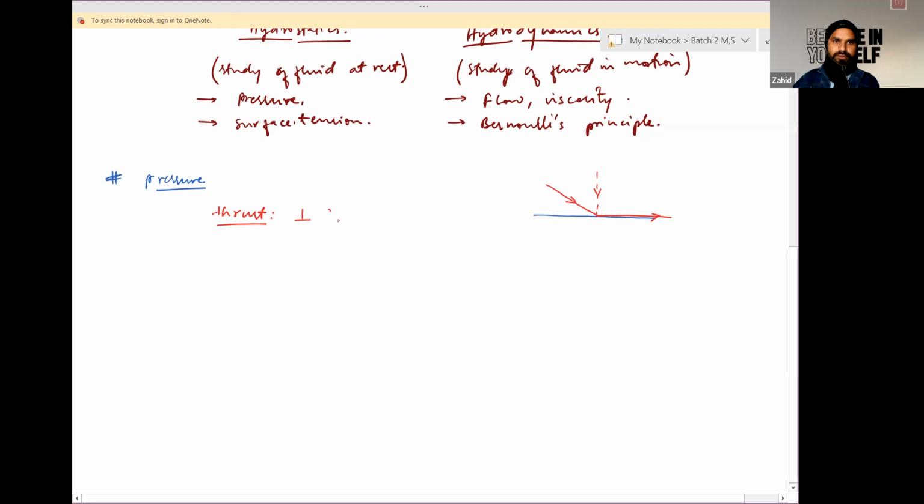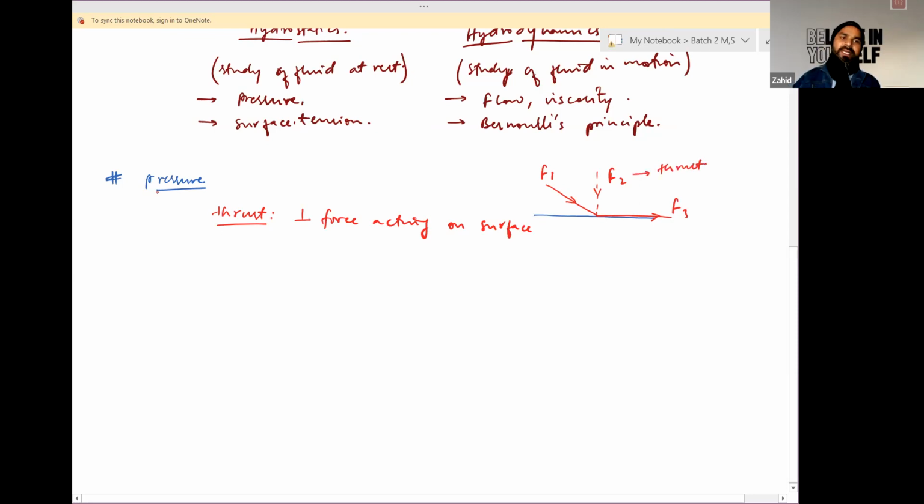So the perpendicular force acting on a surface is called thrust. In this, we have F1, F2, F3. F2 is perpendicular to the surface, so it is called thrust.